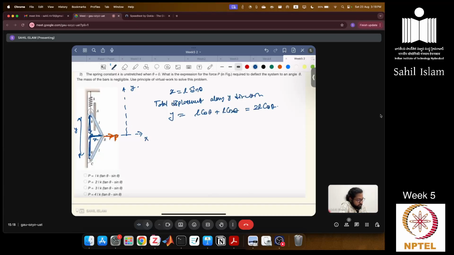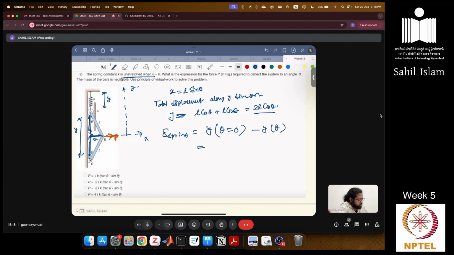Now we have to find the change in length in y. So what is the change in length in y? Delta spring means the displacement of the spring. So this is y at theta equal to 0, which is unstretched, minus y at theta.